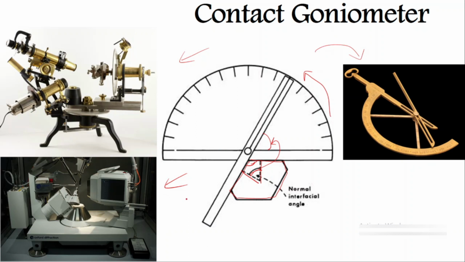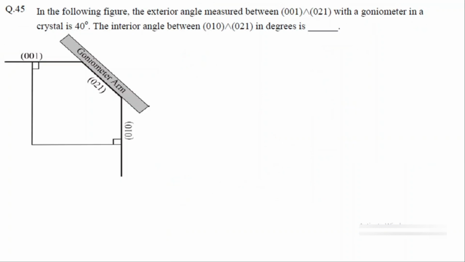And even after that, presently we are using X-ray technology, in which a very fast and very accurate measurement of interfacial angles can be done. Having said this, now I would like to show you the question which was asked in the IIT JAM 2016 examination.